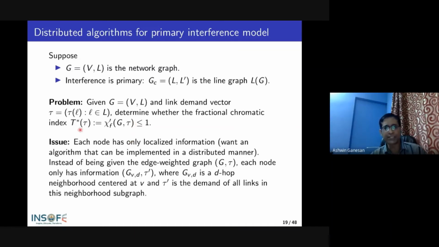And the issue is each node has only localized information. So instead of being given the entire edge-weighted graph G comma tau, each node only knows about the D-hop neighborhood.